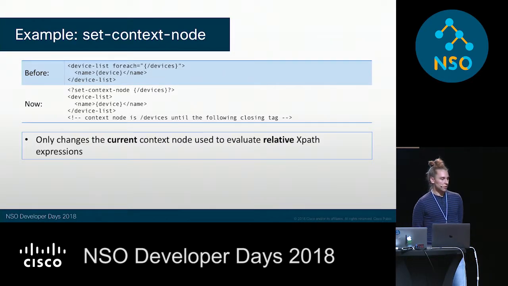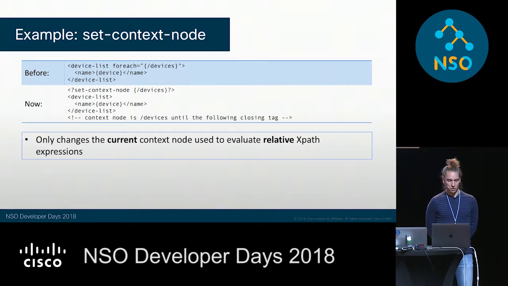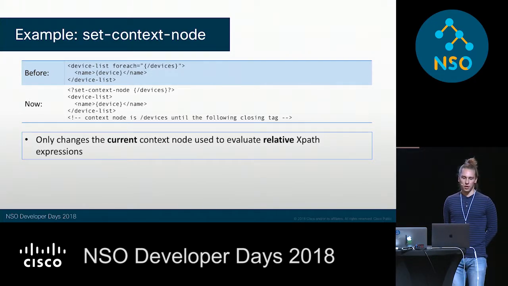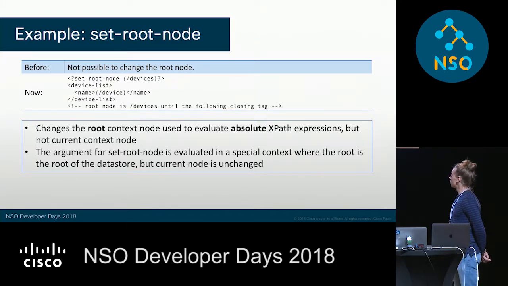It is important to keep in mind that there are two contexts. One is the context in which relative XPath expressions are evaluated. That is the ones that do not start with a slash. And the other one is absolute XPath expressions. Set context node only changes the current context, which is used for relative expressions, but this set root node is used for the absolute expressions.